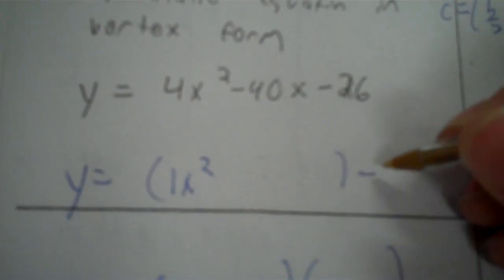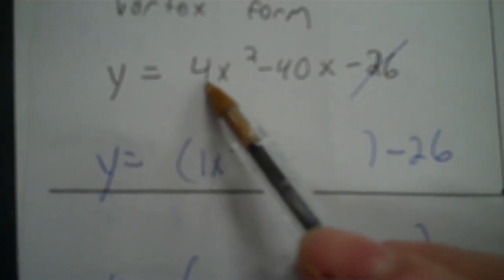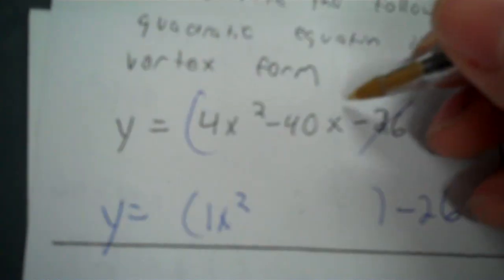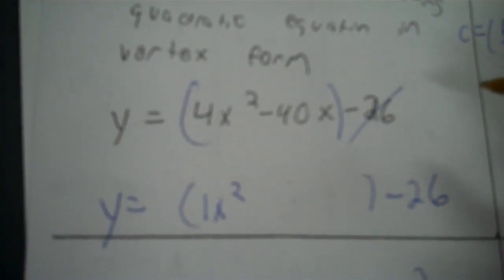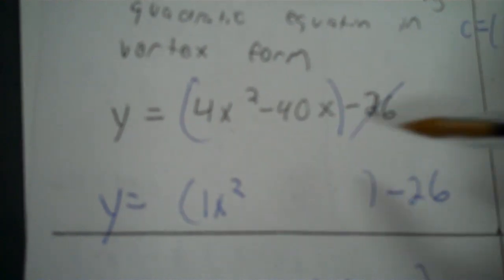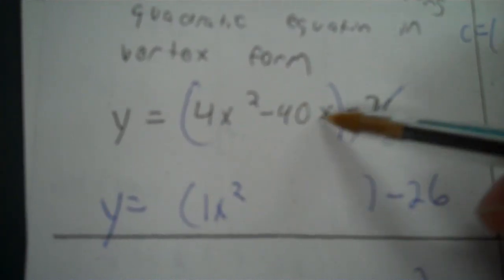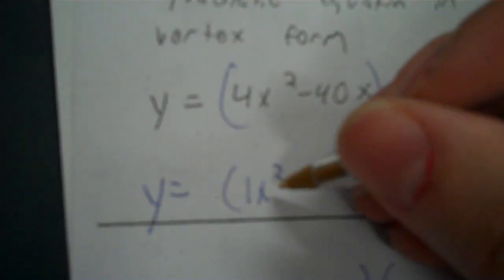Now, we kick out the minus 26. Now, do we have 1x to the second? No, we don't. We have 4x to the second. So again, you want to parenthesize this, just like you did on the last problem. You have a 4x to the second. You parenthesize these two terms together. So if I have a 4x to the second, I need to get a 1x second.